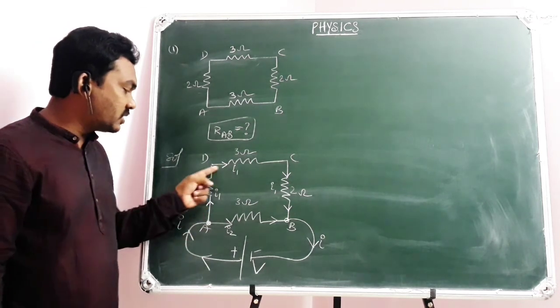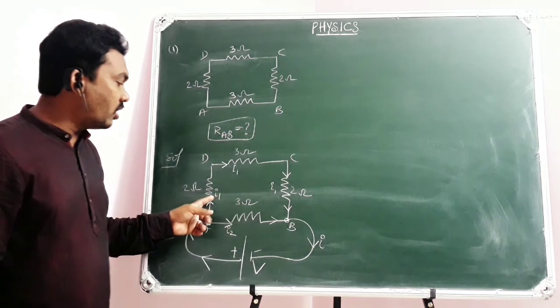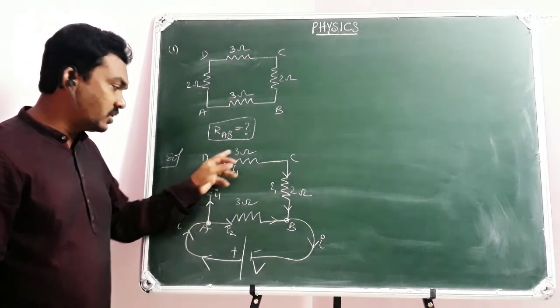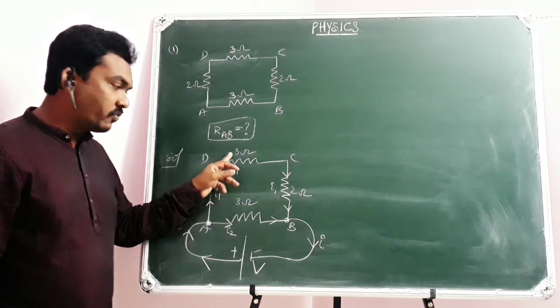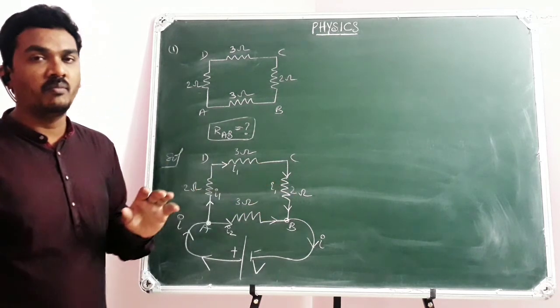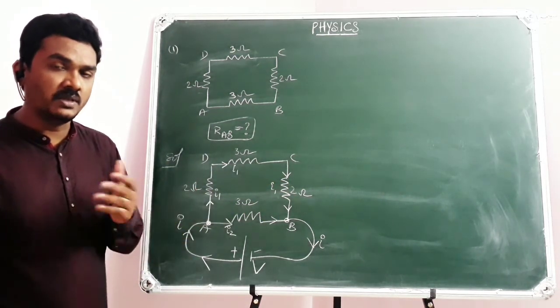because the same current is traveling through the path AD, DC and CB. So all these resistors will be in series. Then as they are in series, 2 plus 3, 5 plus 2, 7. So these three can be replaced with 7 ohm because in series combination the equivalent is R1 plus R2 plus R3 and so on.